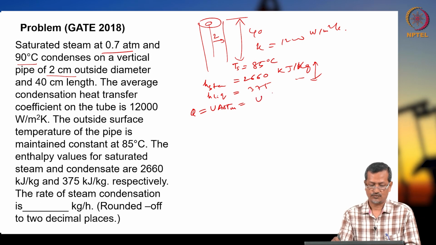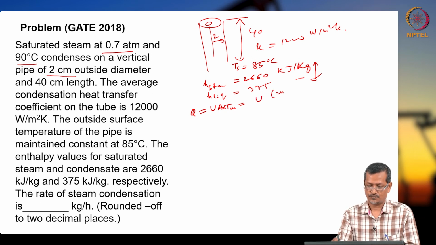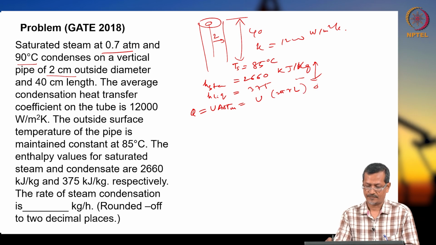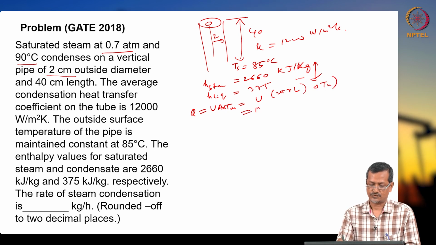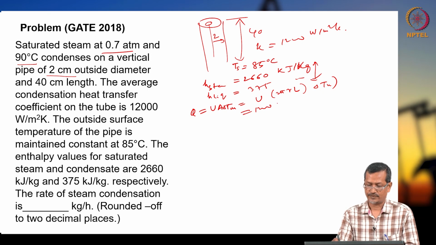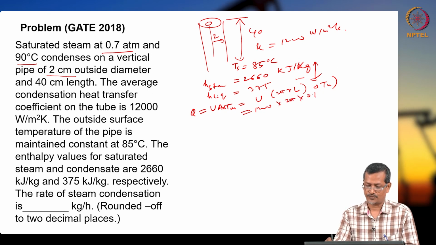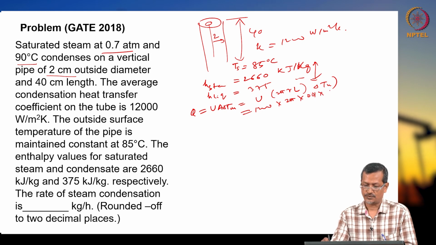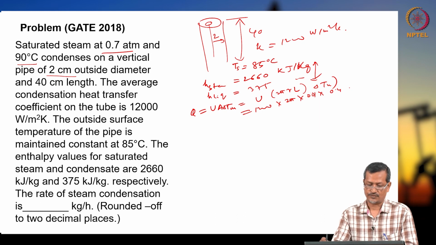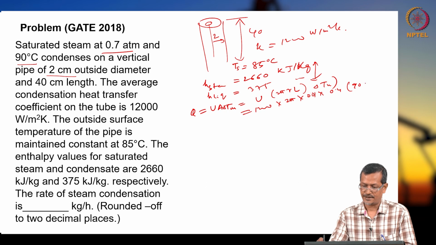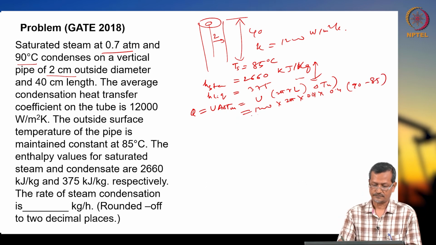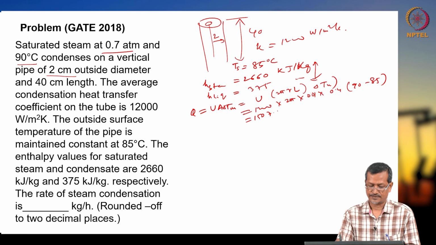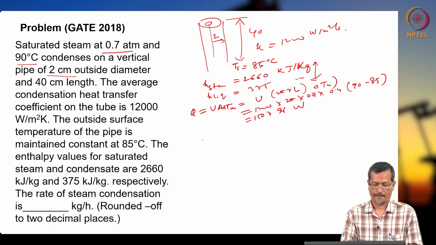So U into 2 pi R L del Tm equals 1200 U value given, into 2 pi into 0.01 R is given, into L 0.4, and then del Tm 90 minus 85. So it is coming 1507.96 watt. So the enthalpy change happened.